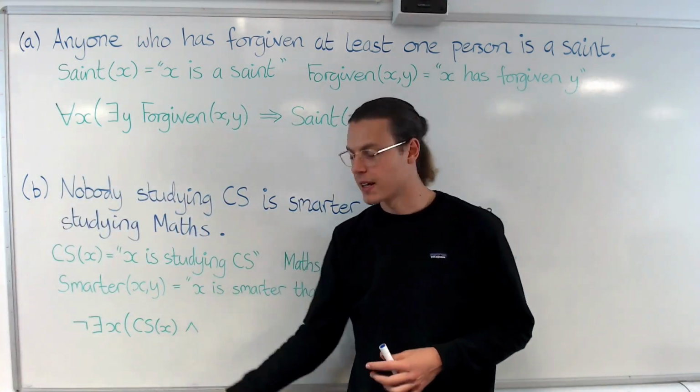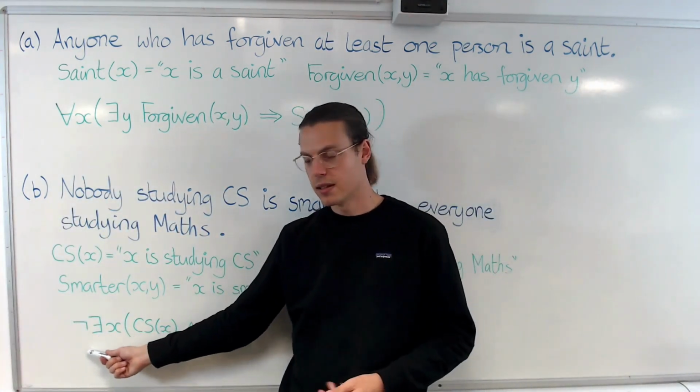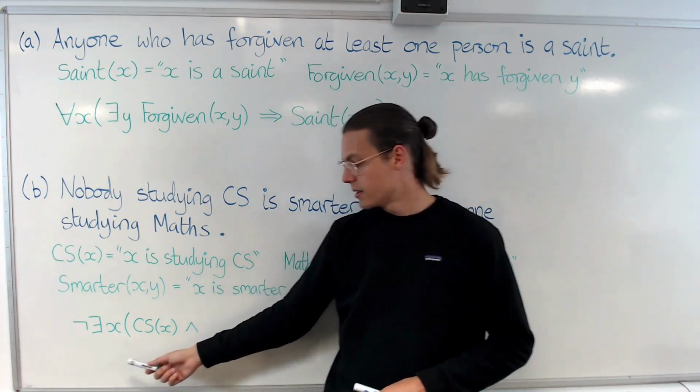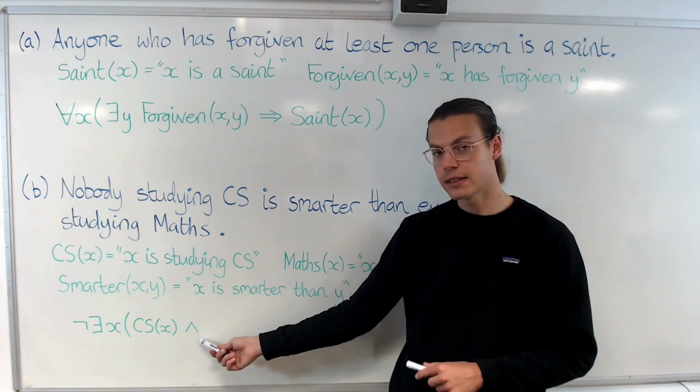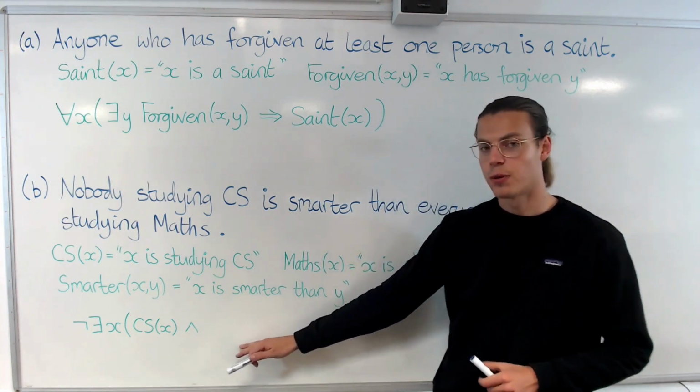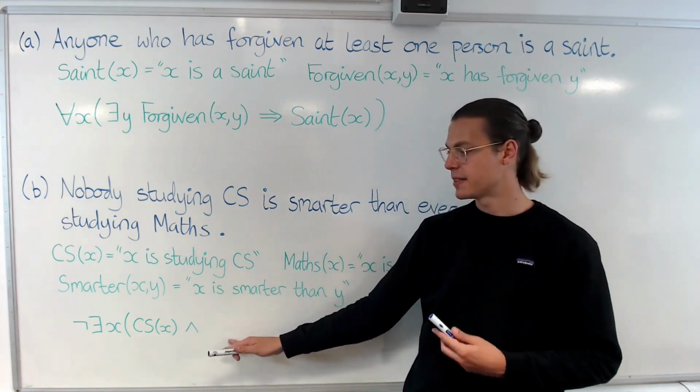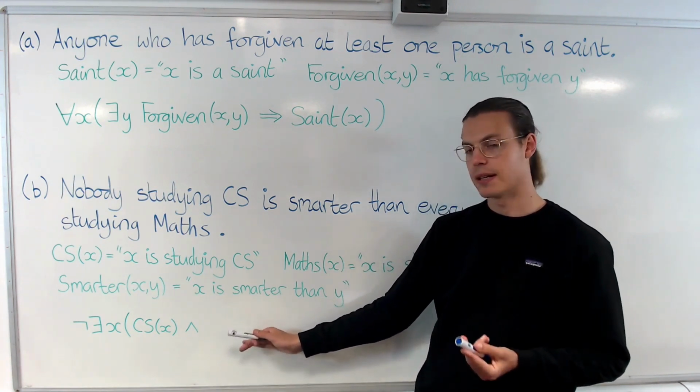So we start by saying there does not exist an X such that X is studying computer science, and now we want to say that X is smarter than everyone studying maths.